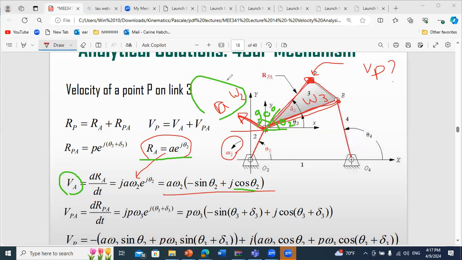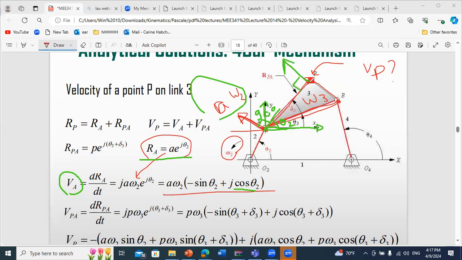Now, for P relative to A, same concept. Or you can use the method that you used here. If I take a frame translating at A and I look at P, P is rotating relative to A. So the velocity of P relative to A is perpendicular to vector AP.